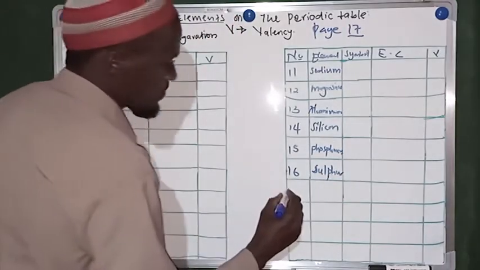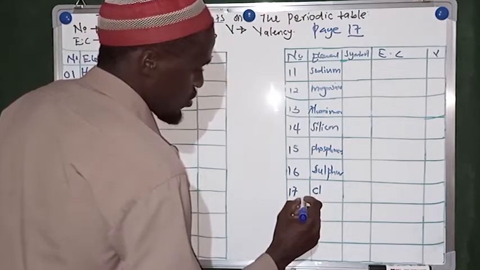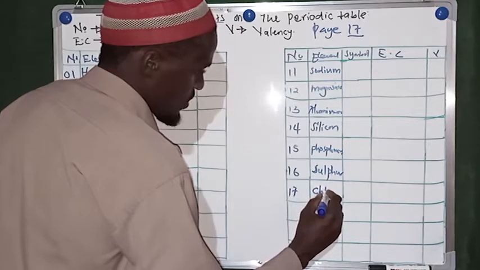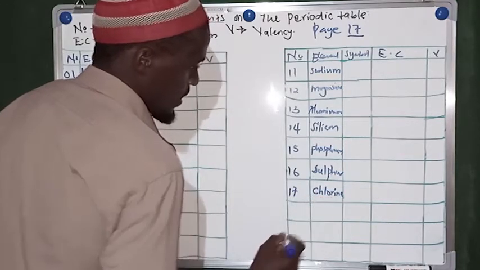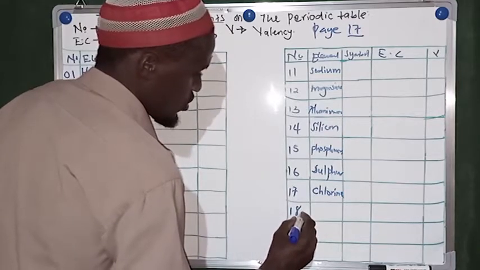Number 17 is chlorine, with the H. Number 18 is argon.